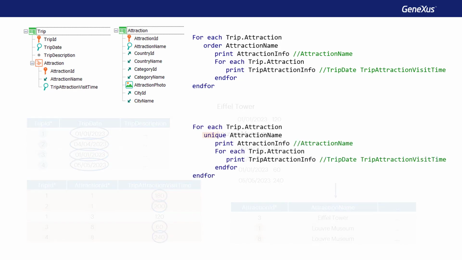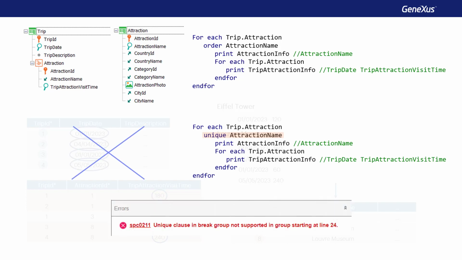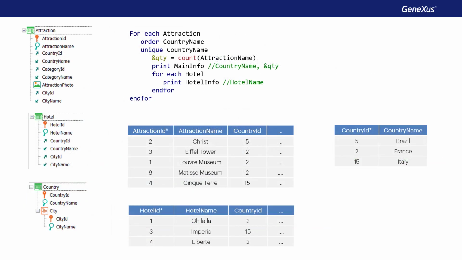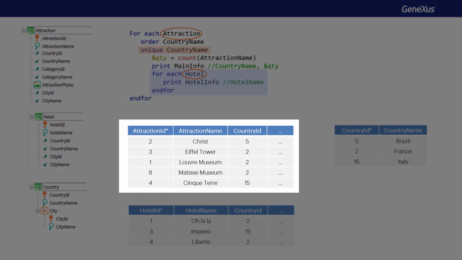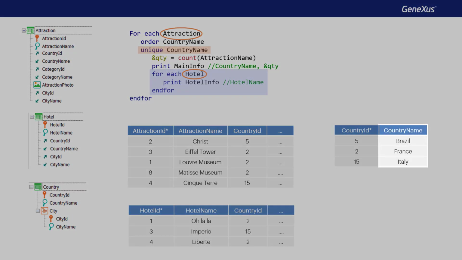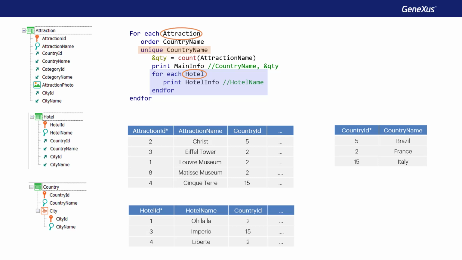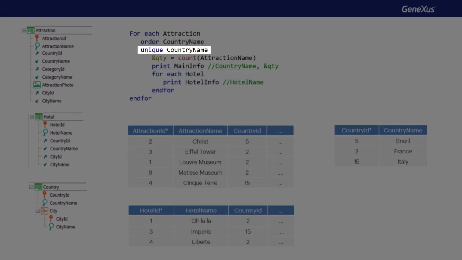If we wanted to implement this with a unique clause, Genexus would not allow it. The navigation list would show this error. But we can nest a for each that navigates another table. For example, let's see this case in which we're navigating the attractions table, sorting by country name from the extended one, and asking to process only once all the records that repeat the value of country name.